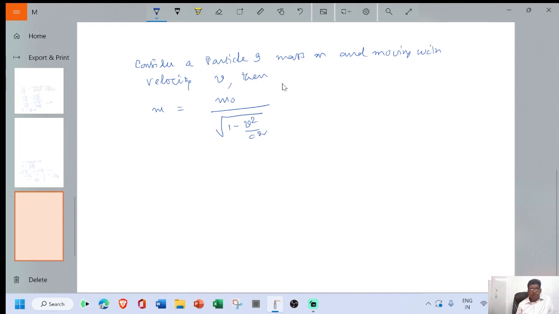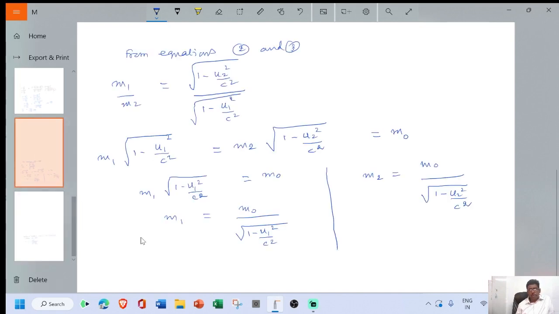See this previous case, m1 is the mass of the object A, m0 is a constant called rest mass, that is equal to m1 into root of 1 minus u1 square by c square.